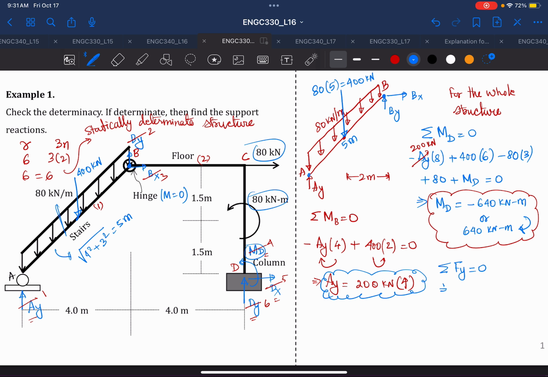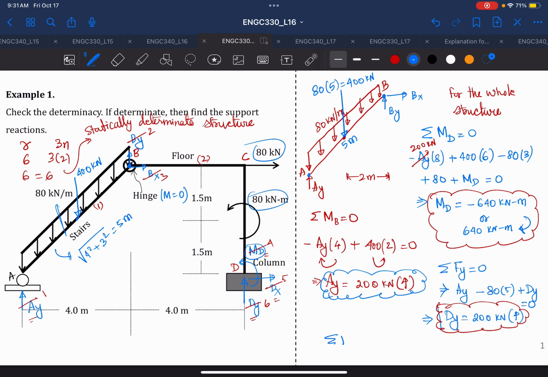Now we find summation of all the force in y direction, and that will give you AY minus 80 into 5 plus DY should equal to 0, and this implies that your DY is equal to 200 kilonewton, and because it is positive, we know that your assumed direction should remain the same.